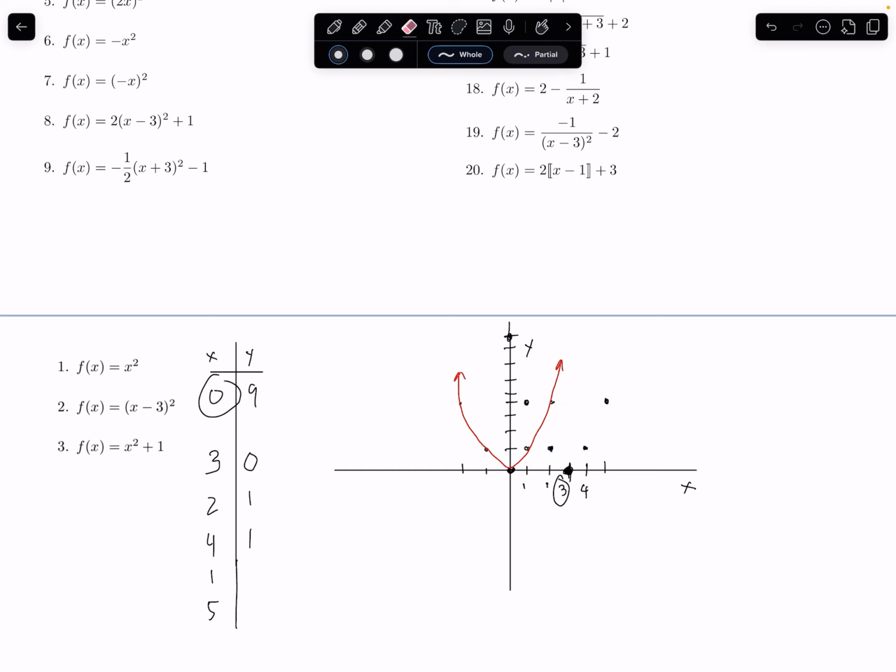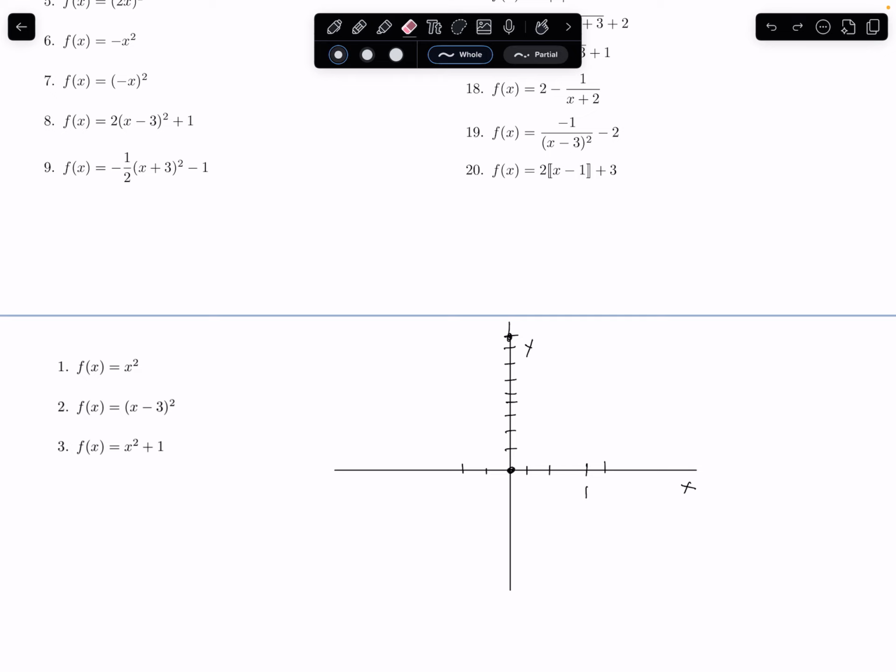Okay, but enough with that graph. Let's move on to the next one. Let's do number 3. Okay, so now this is actually an easier one.